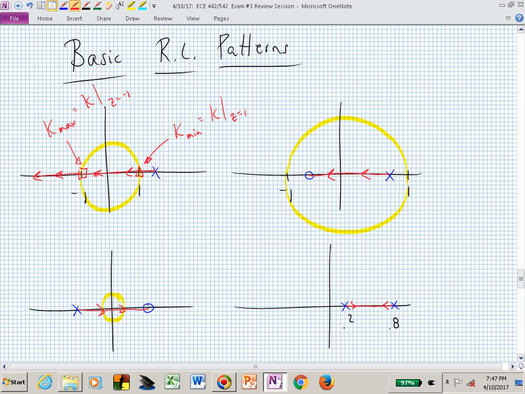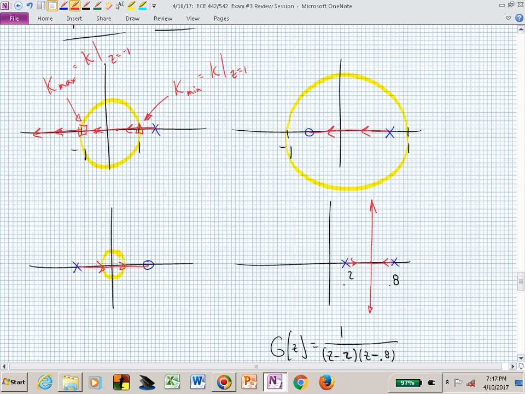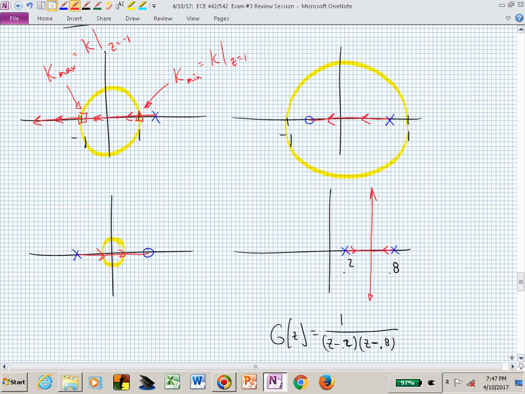And in this case, halfway between, they're separated by 0.6. So halfway is 0.3. 0.3 to the right of 0.2 is now at 0.5. So if I now sketch this, that's now my root locus. Do I have any hope of stabilizing my system for a choice of K, non-negative values of K?